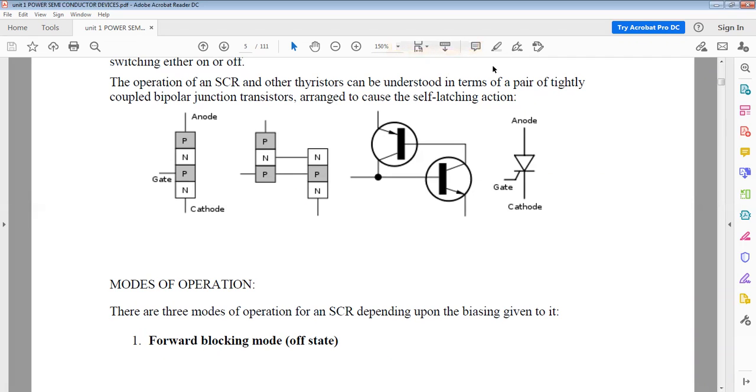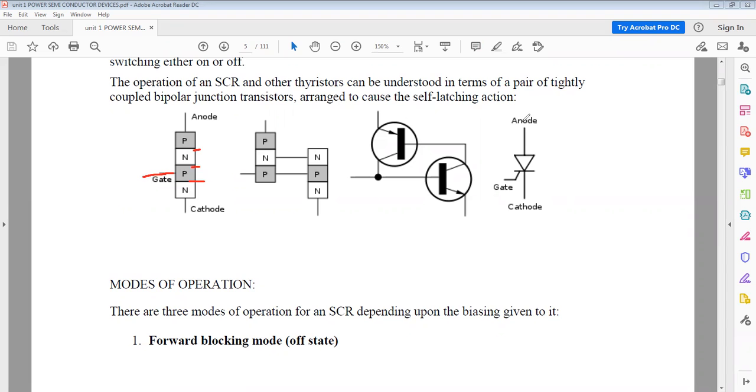You can see them between these layers: this is junction 1, this is junction 2 and this is junction 3. Near the cathode terminal there is a P substrate, and to that we connect the gate. It is the gate terminal.